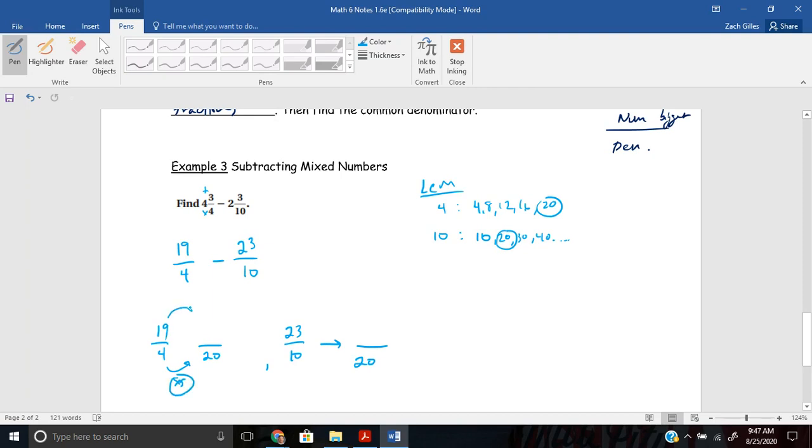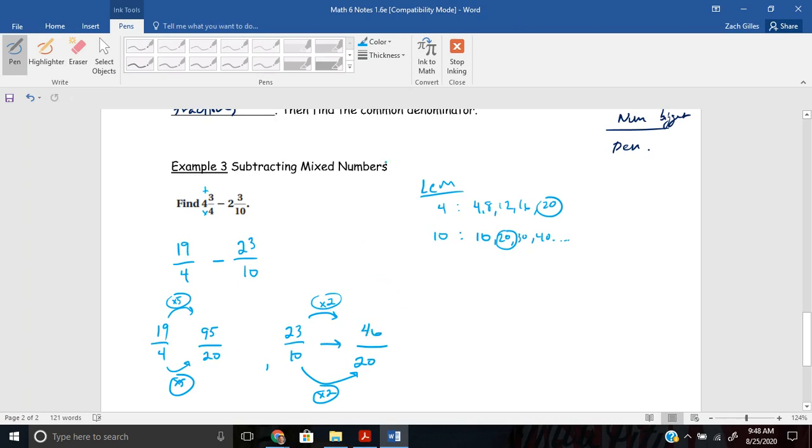So I need to multiply by 5 on top to keep this fraction equivalent. 19 times 5 would give me 95. And how do I go from 10 to 20? Well, I'll just multiply by 2 on top and bottom to keep my fraction equivalent. 23 times 2 would give me 46.